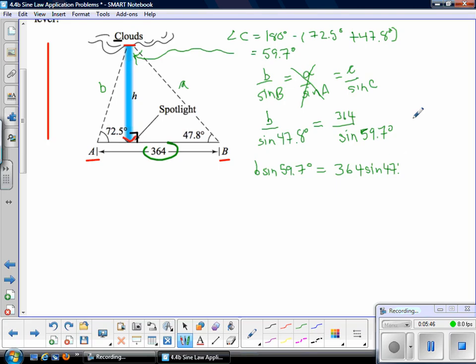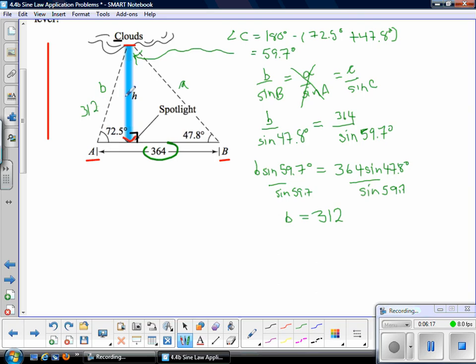And then we're going to divide both sides by the sine of 59.7 in order to get B by itself. And when we do that, we take our calculator to calculate the right side, and we end up that B equals 312. Okay, so B equals 312.